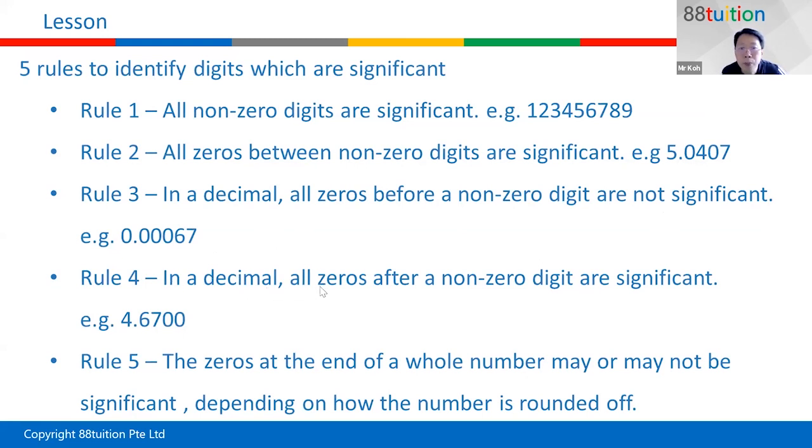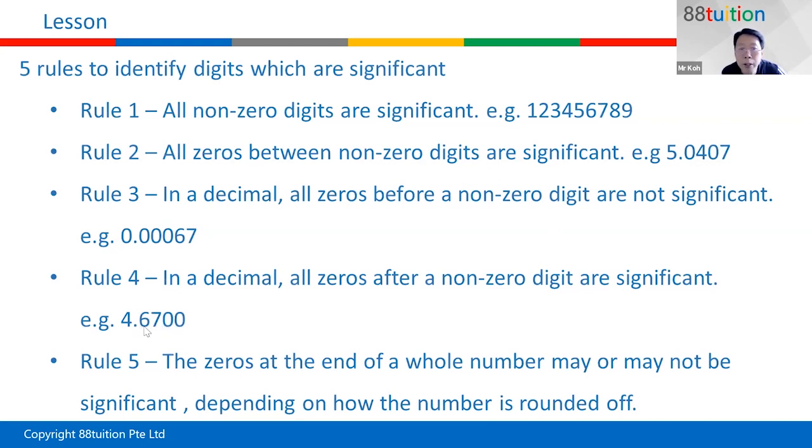Again in a decimal. Now all zeros after a non-zero digit are significant. Okay, after a non-zero digit are significant. So for instance, you have 4.6700. Okay, so in this case, you can count it as 1, 2, 3, 4.